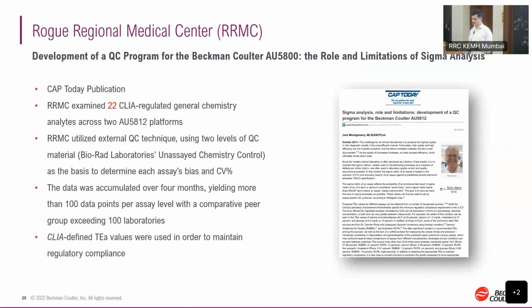They assessed 22 CLIA-regulated general chemistry assays on the AU5800 series, utilizing external QC techniques using 2 levels of QC material from Bio-Rad. Based on this, they determined each assay's bias and CV.